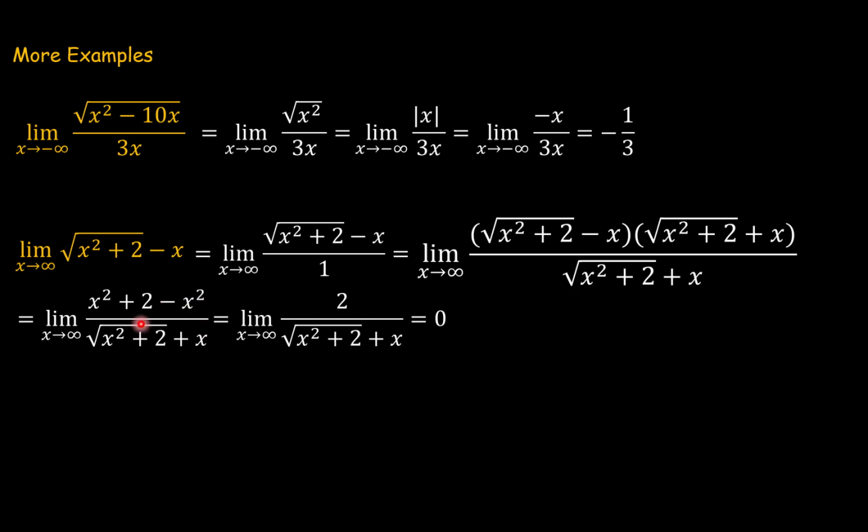So now x squared and x squared cancel each other, so you just have a 2 left. Now we have a fraction with a fixed number on top, and the bottom goes to infinity because we have a summation of 2 expressions, both of which go to infinity. So the bottom goes to infinity, therefore this fraction should approach 0.